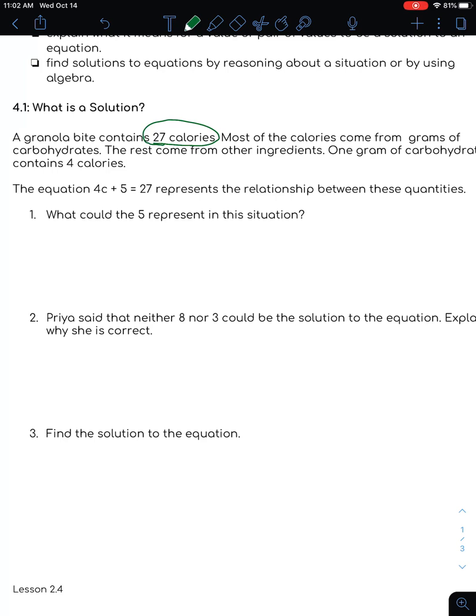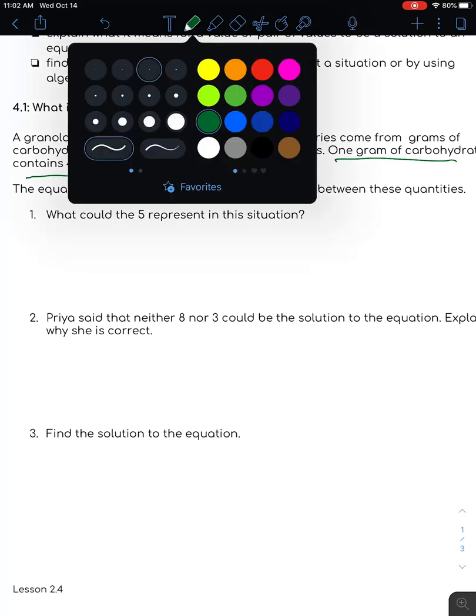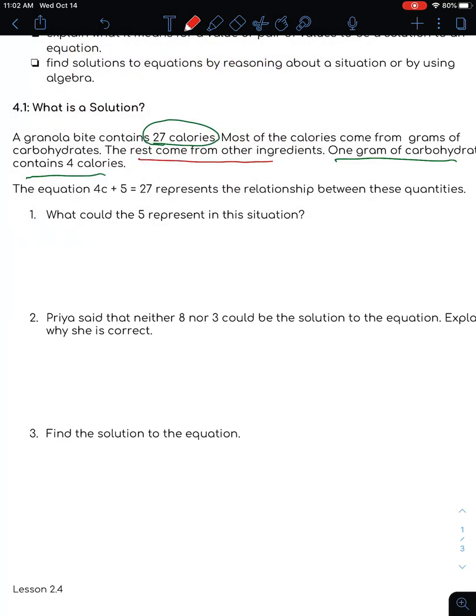Even while you are just sitting and breathing, you are burning calories. So calories come from a variety of sources, and we're saying carbohydrates is one source of calories, and 1 gram of carbohydrates contains 4 calories. But calories also come from other sources, and so that's discussed here. The rest comes from other ingredients in the granola bite. And so really, that's what the 5 is going to represent.